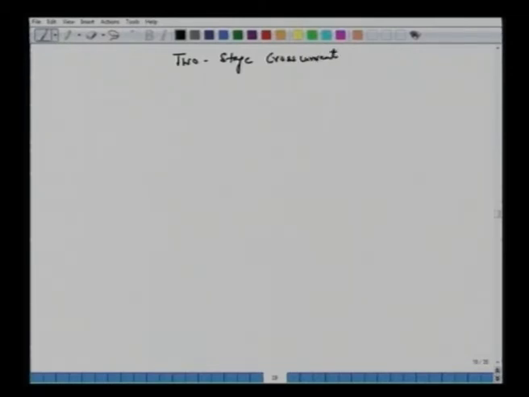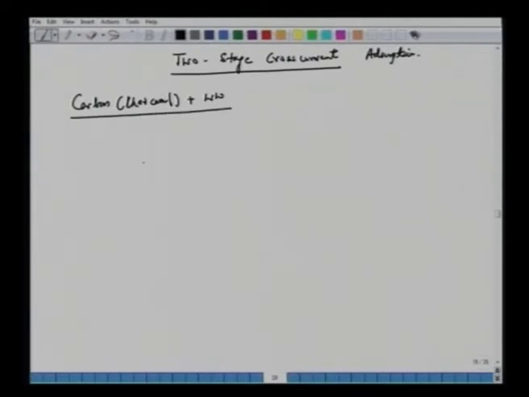We have this carbon or charcoal plus this wastewater, and you will have one stage here and the second stage.